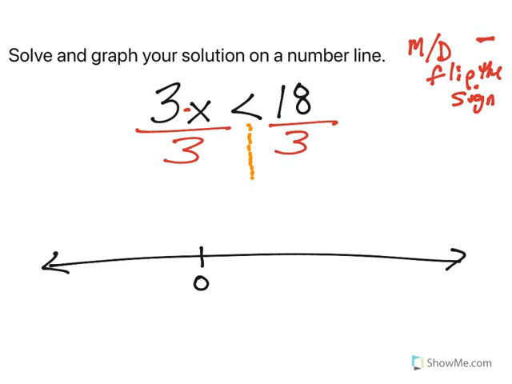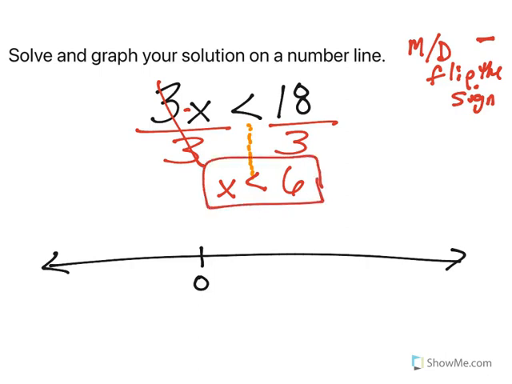That's one of the properties. Now you can see if you show your work, this makes it very easy. So we are dividing by a positive 3, so there's no need because it has to be a negative. All right, so we divide our 3's, we get 1. So x is less than 6, and that is solving the inequality.